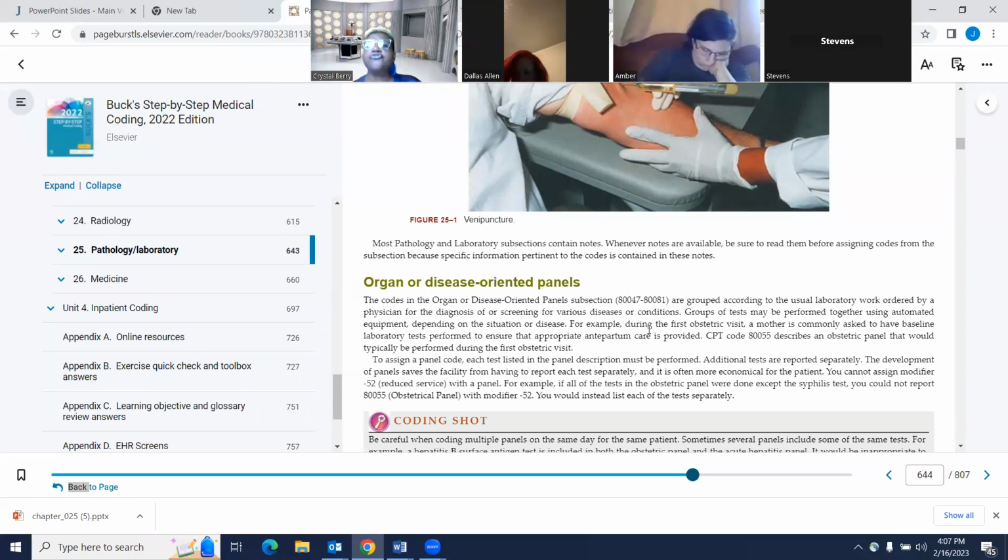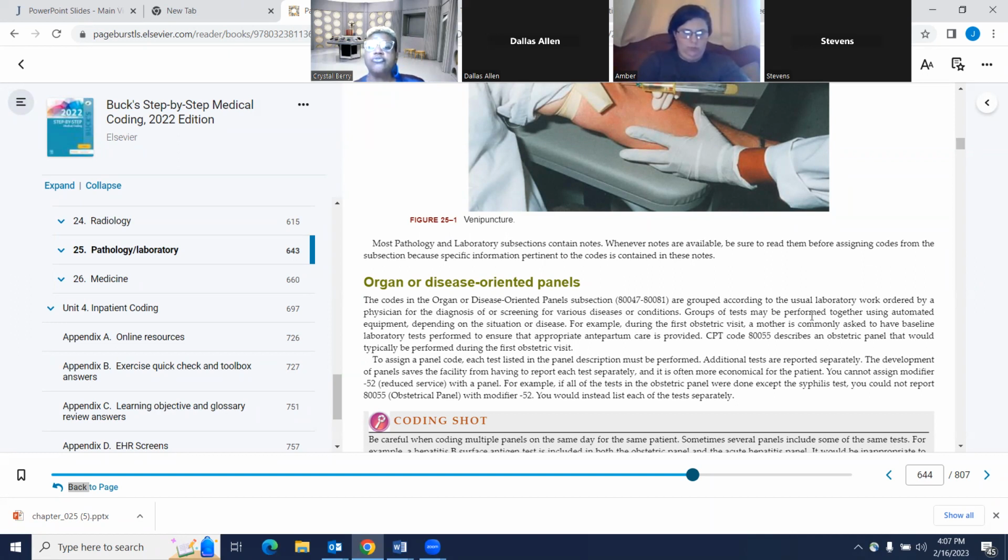Make sure that you're always paying attention to the code range. This is what's really going to help you. The code range is always going to be there, so if you go outside of that range, then you know that that's an inaccurate code.